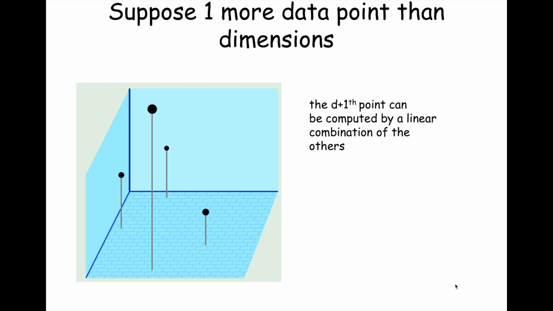If you have one more point than you have dimensions, you can find an arrangement. Remember, when we talked about dichotomies, it didn't matter what the feature values are, right? So I'm going to choose feature values so that each of the data points is aligned with the axes, so that's 3 axes, 3 data points. And any fourth data point, it doesn't matter where it is, you can always express it as a linear combination of the axis-aligned data points.